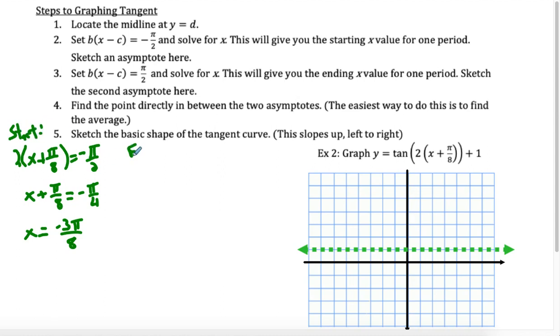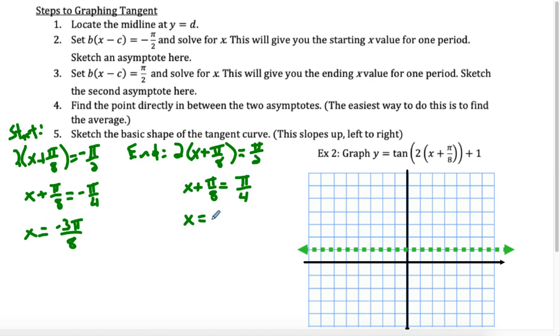Then my ending point for one period would be 2 times x plus pi over 8 equals positive pi over 2. Divide both sides by 2. And subtract pi over 8.